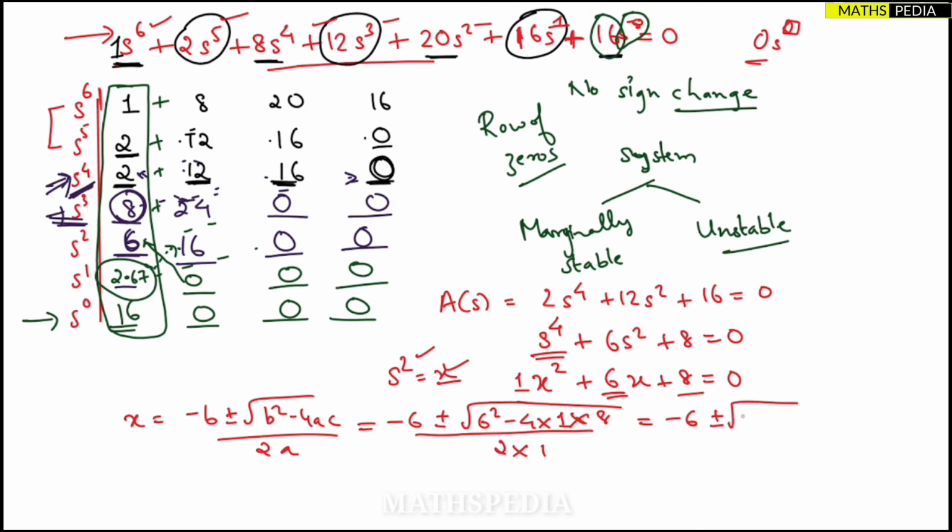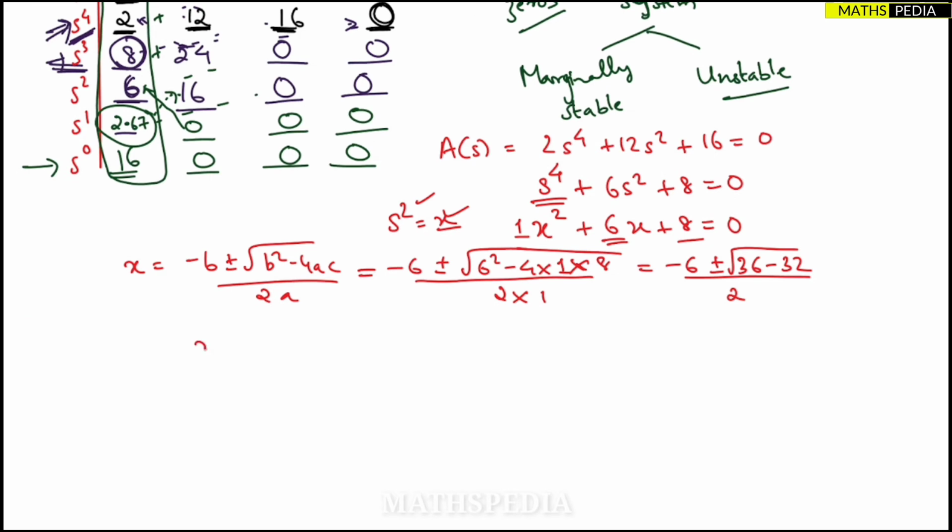of it will be 36 minus 8 fours are 32 divided by 2. The x value becomes minus 6 plus or minus square root of 36 minus 32, it is 4 by 2, so that becomes minus 6 plus or minus 2 by 2, correct.